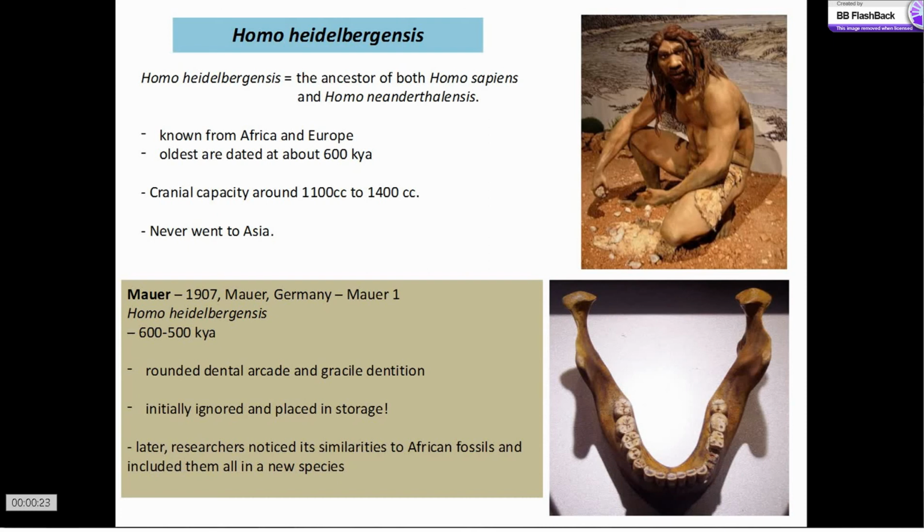Later on, they noticed that it was similar to African fossils that had been found in the meantime. And so it was identified as not a Neanderthal, not a sapiens, but a different species altogether. So this would be a very old specimen for Europe, 600 to 500,000 years ago, found in Germany. Very old European human.